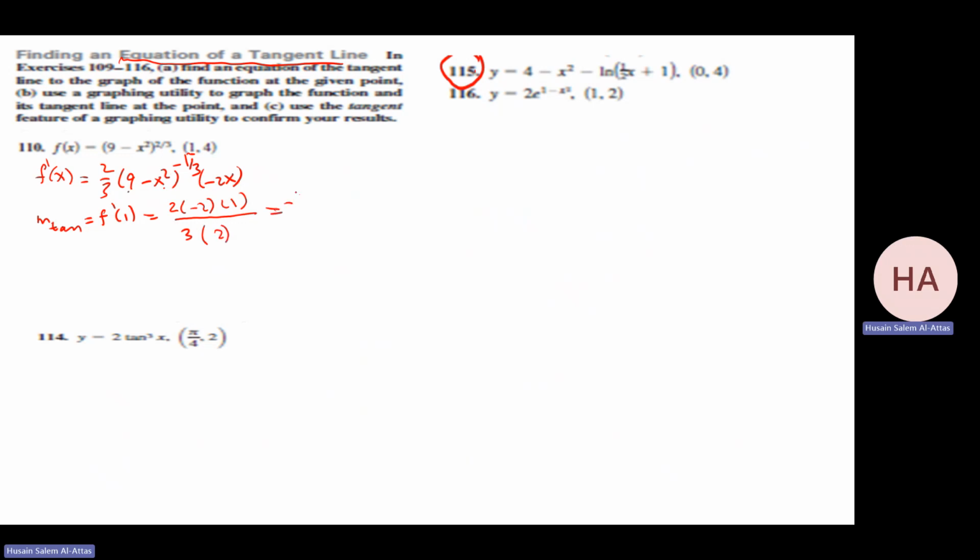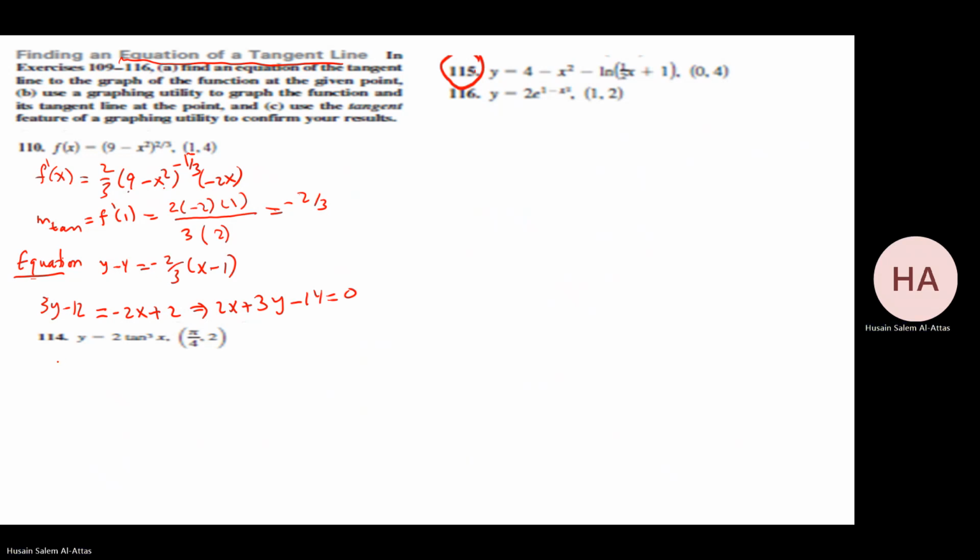So it's minus 2 over 3. So the equation will be y minus 4 equals minus 2 over 3 times x minus 1. Times 3, 3y minus 12 equals minus 2x plus 2. So I have 2x plus 3y minus 14 equals 0.